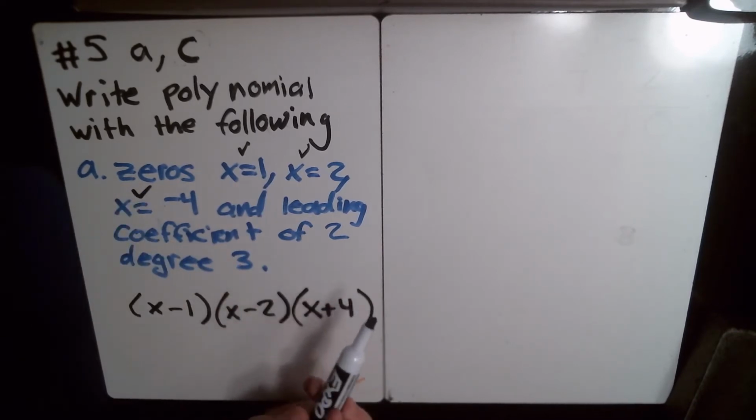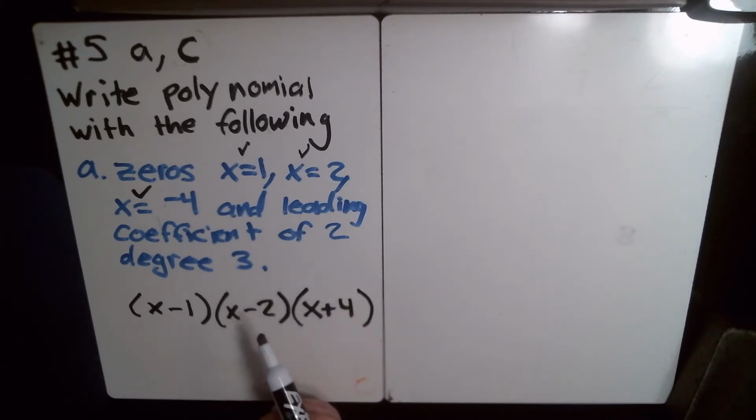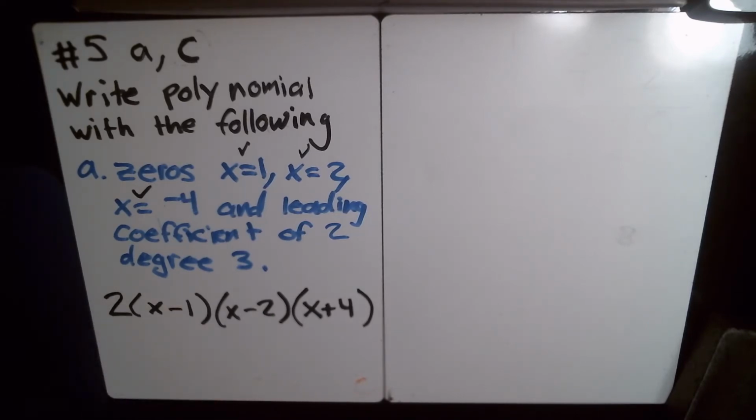Okay, a leading coefficient of 2 means that the number in front of the highest power in x needs to be 2. So you can just throw a 2 out front of this polynomial, and that will give you the polynomial.